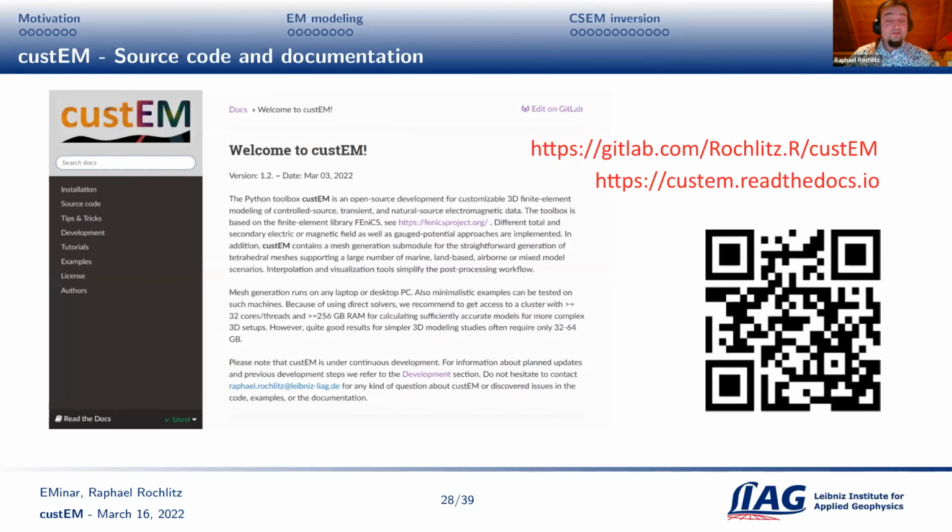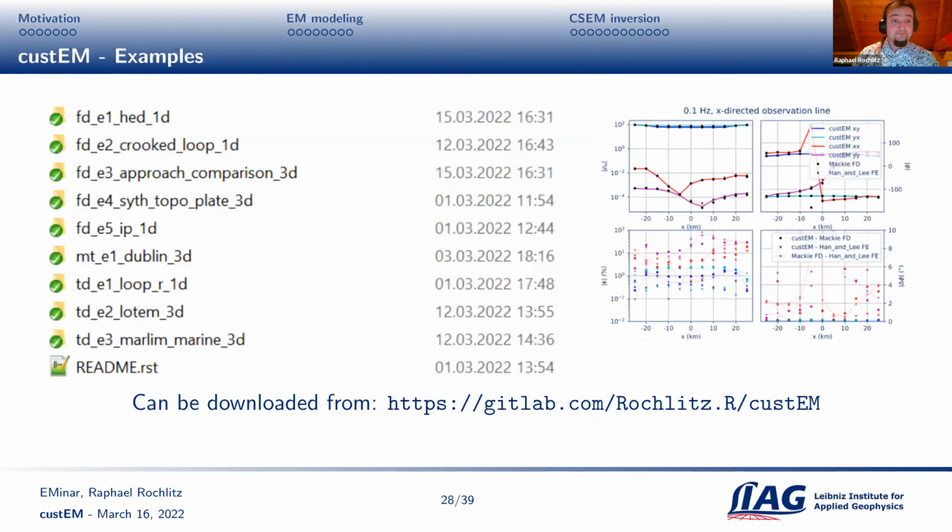If you want to find information about custEM, just visit the Read the Docs page, which I updated at the beginning of March. There's also a new custEM version I provided at the beginning of March, because we have had quite some development progress in the last months. If you want to access the source code, please visit my GitLab page with the custEM project.